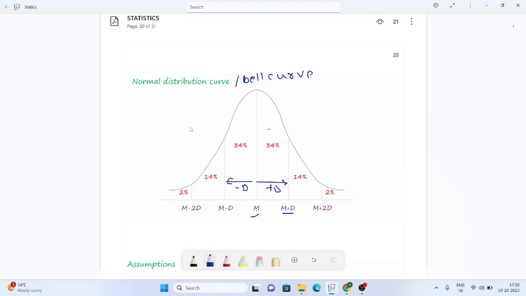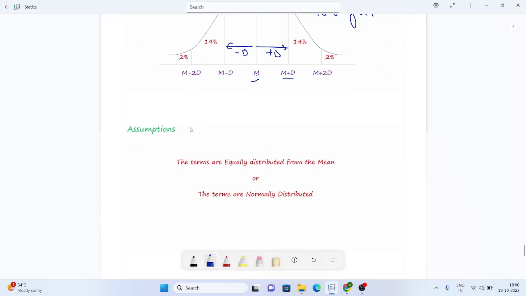Okay, so 34% is nothing but 34% of terms lie between the mean and one standard deviation to the right. So what assumption do we take for this?